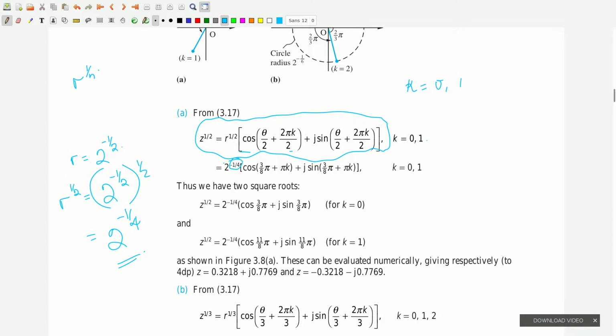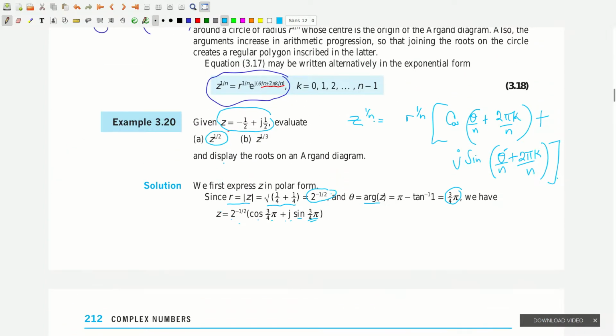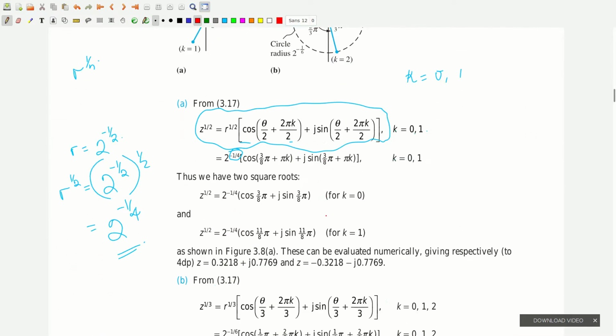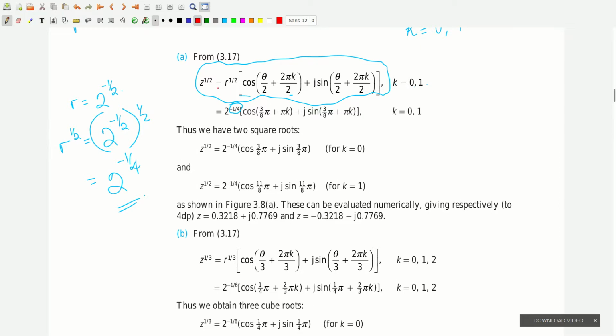So please be careful, because that is what confused me slightly here. This is just z. Then again you have z to the power 1/2. And the rest is again substitution.